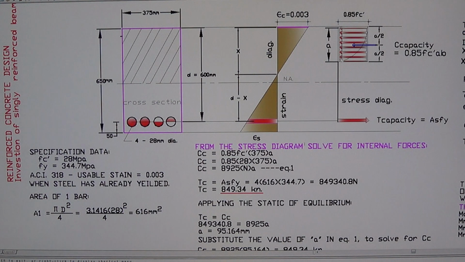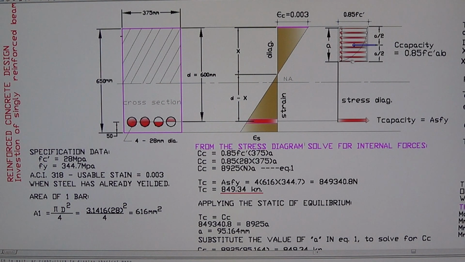It is very difficult to calculate a based on the curve of the stress block like here. So Mr. C.S. Whitney modified this original shape of the stress block to be simpler, a rectangular shape.